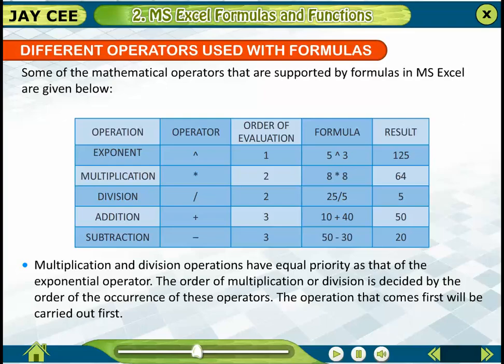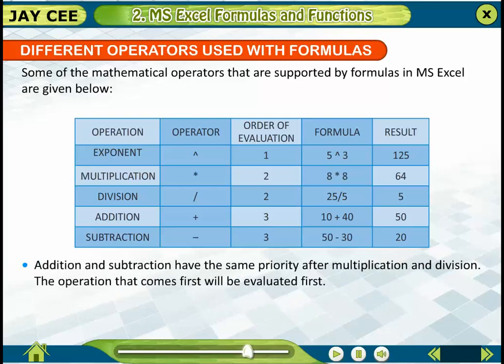The order of multiplication or division is decided by the order of the occurrence of these operators. The operation that comes first will be carried out first. Addition and subtraction have the same priority after multiplication and division. The operation that comes first will be evaluated first.